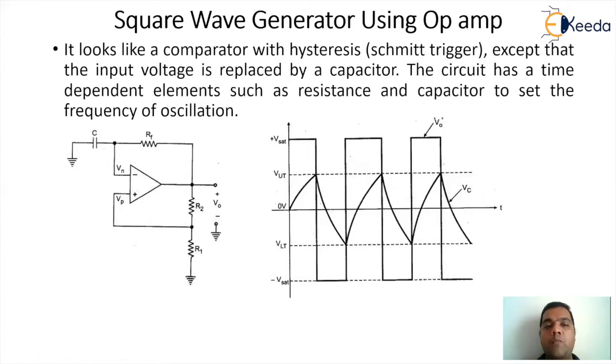If the op-amp output goes to minus Vsat, the reference voltage now created at the plus pin will be negative, minus Vref, the lower threshold, and it will have the value minus of Vsat into R1 divided by R1 plus R2.